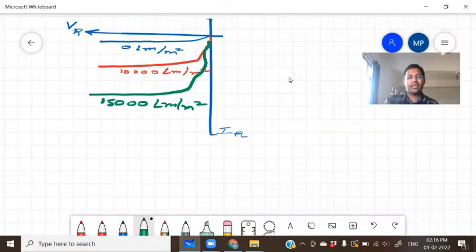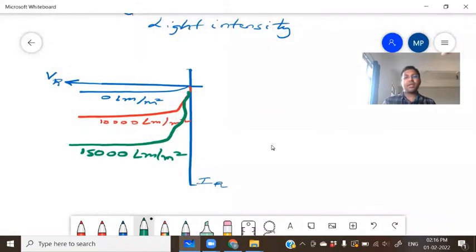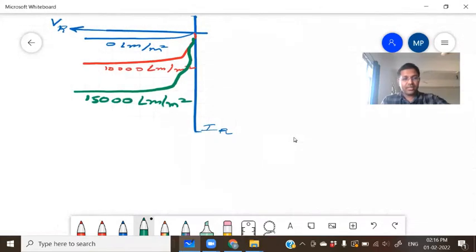All this happens under reverse bias condition, because the electron hole pairs increase and so the current increases. All this we have seen in the morning class. This was a quick revision.